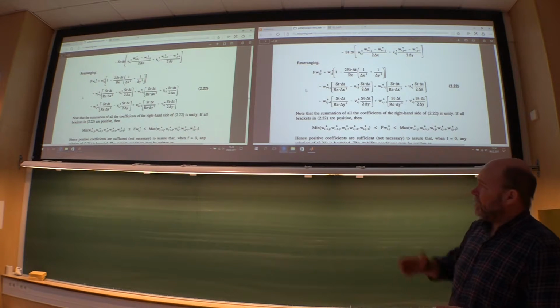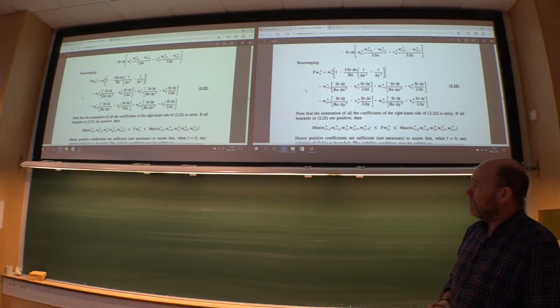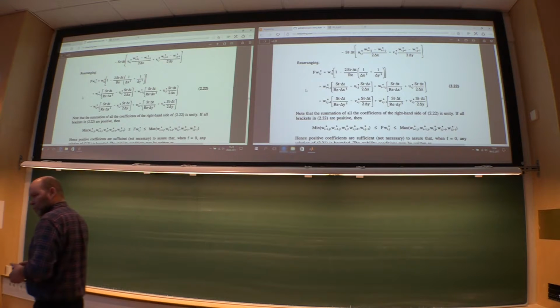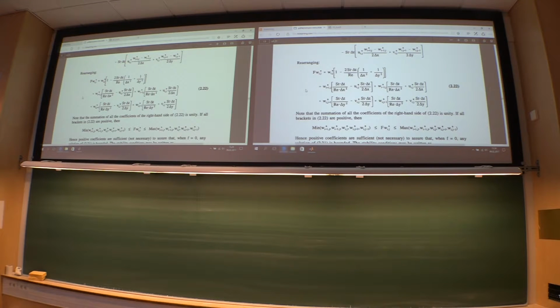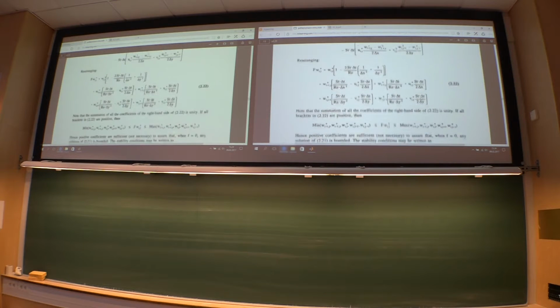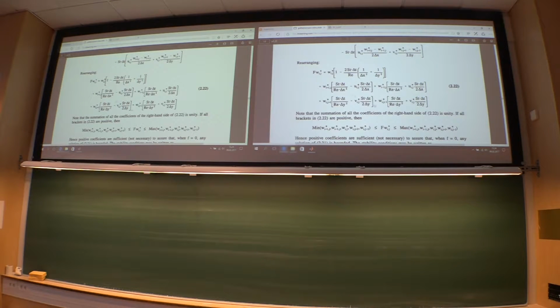The square brackets are now just coefficients. Although you see the coefficients also include the local velocities, small u and small v. But never mind that, treat them as constants if you like. And if you add all these coefficients together, you get 1. Very nice.